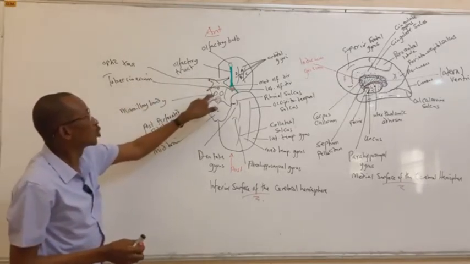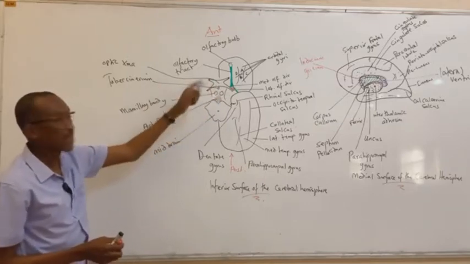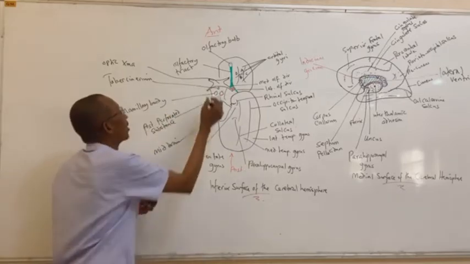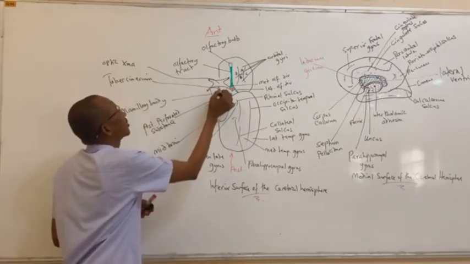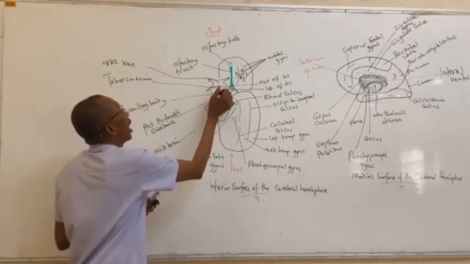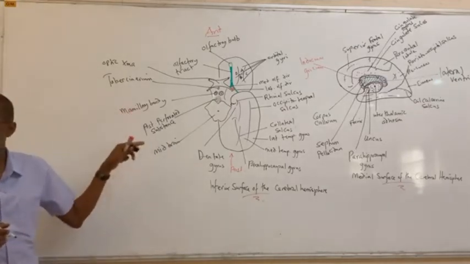Immediately behind the tuber cinereum, that contains that stalk of the pituitary gland, you have two round swellings. These two round swellings are what we call mammillary bodies, singular mammillary body.